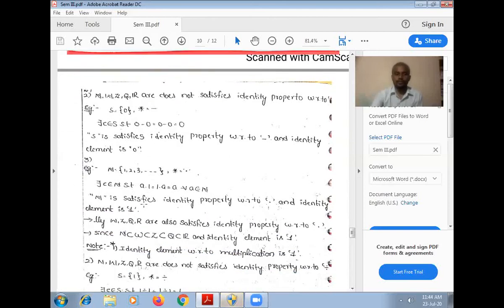Now I am taking the binary operation as multiplication. So N equal to 1, 2, 3, and star equal to dot or multiplication.